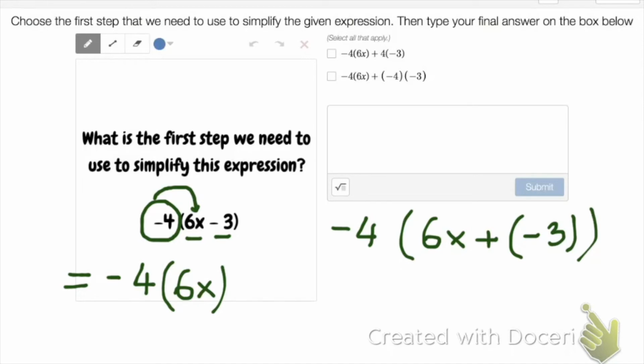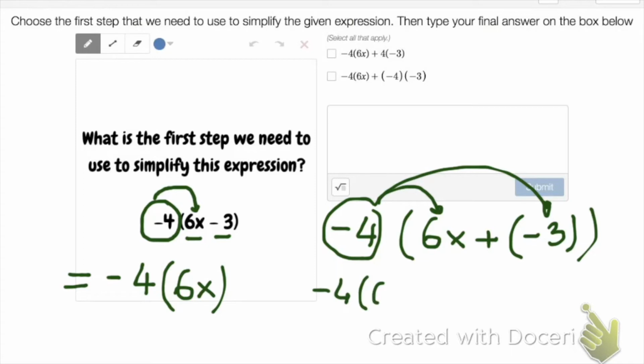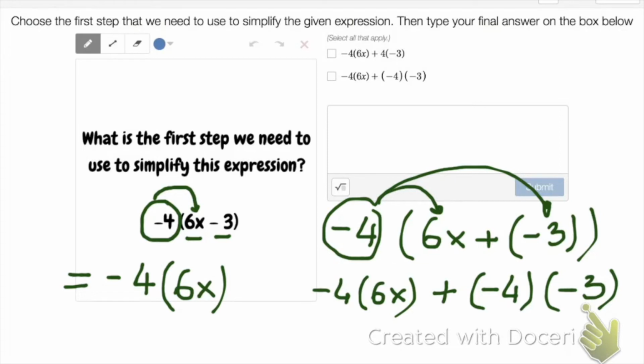Okay, because we learned how to rewrite the subtraction as addition of the negative. So we can take negative 4 times 6x and negative 4 times negative 3. So we can rewrite it. And then we can drop out the addition. Now the second term, we can take negative 4 times negative 3. Okay.